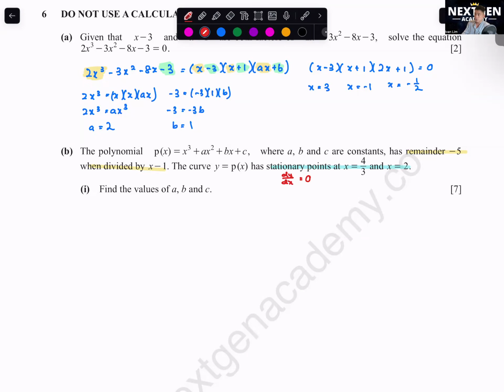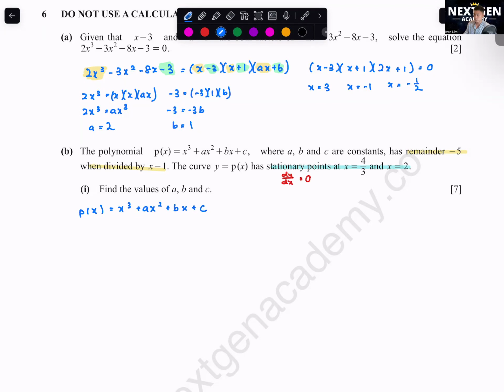Let's start with the first statement first. It has a remainder of negative 5 when divided by x minus 1. Write down P(x) first: P(x) is x cubed plus ax squared plus bx plus c.